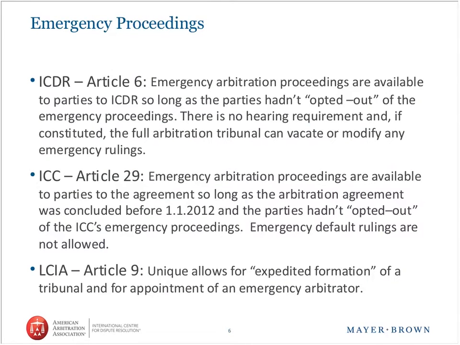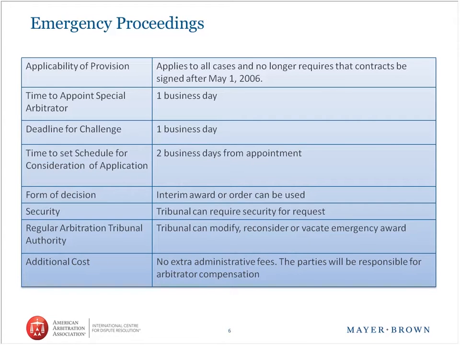Thanks, Steve. Sticking with you and moving on to the topic of emergency interim relief, how do the revised ICDR rules address emergency relief? So I think it's helpful to start at where this came from. Back in 2006, we created this rule set.